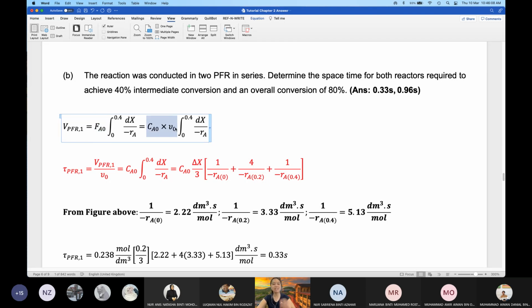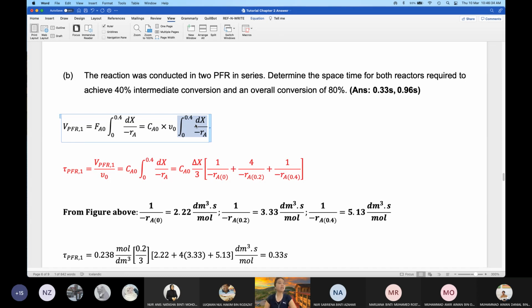Part ni yang kena faham sikit. FA0 tu boleh juga kita put it in the form of CA0 multiply with V0. So become CA0 V0, integral part masih sama, 0 to 0.4 dX per minus RA.